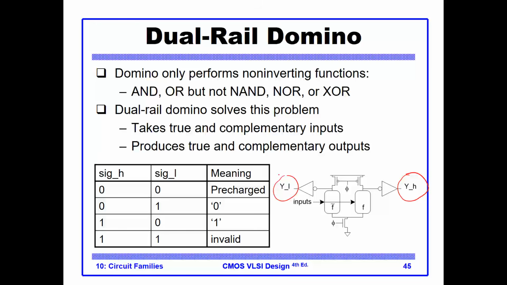Then we are stuck here. So we have to always provide the function and its complement, so that we can supply all kinds of inputs to the functions. This is the dual rail domino. It is a circuit which produces the true output of the function and its inverse. So this is y and this is y prime.